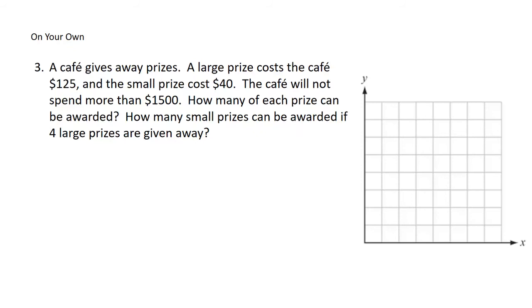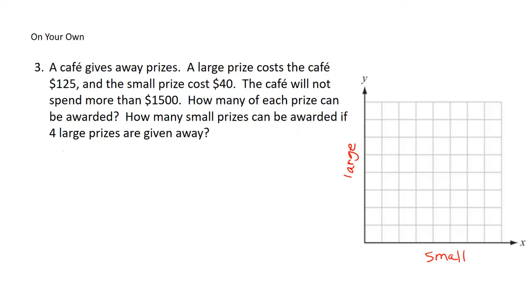So let's call our small prizes X, and let's make our large prizes Y. So this is going to be our large prizes, and we'll fill in our numbers in just a minute here. A large prize costs the cafe $125 and a small costs $40.